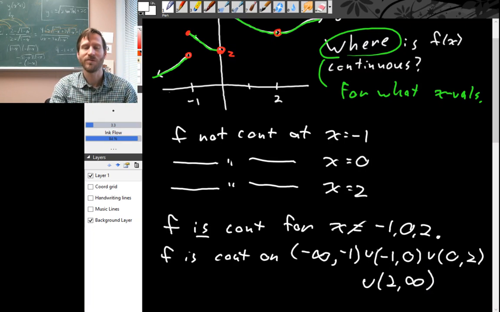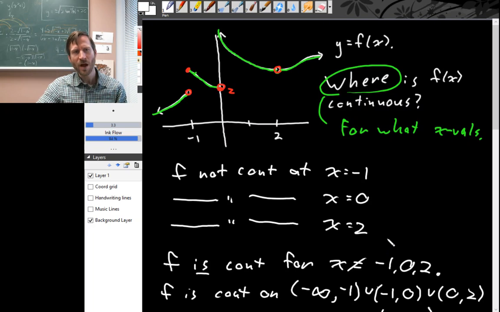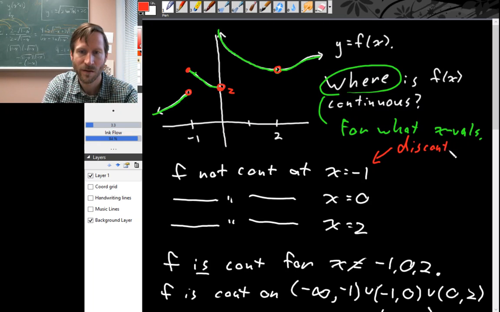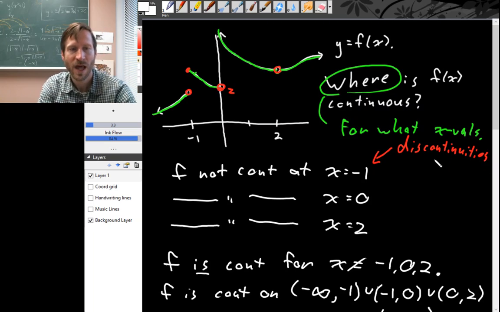All right, one last thing to see about continuity is that if a function isn't continuous, so these points where f is not continuous, these are called discontinuities. And they actually come in 3 different types.